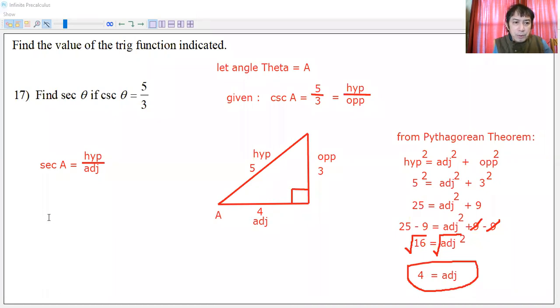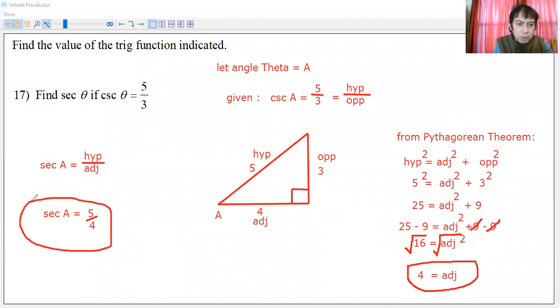So our answer for secant A is 5 over 4. You can see it at the end of the question, 5 over 4. That's the answer.